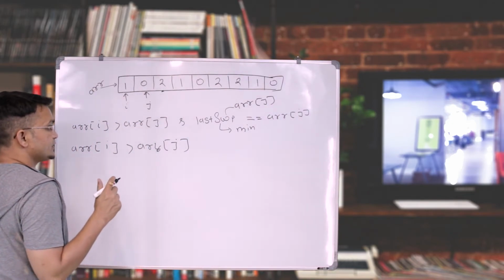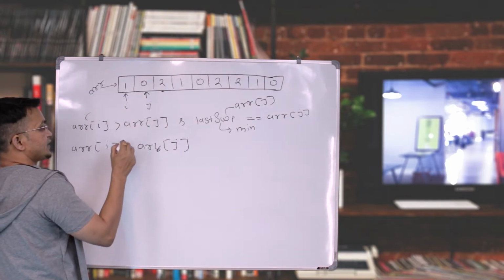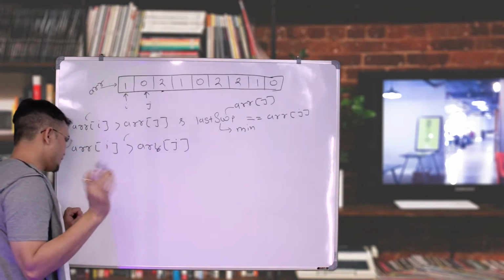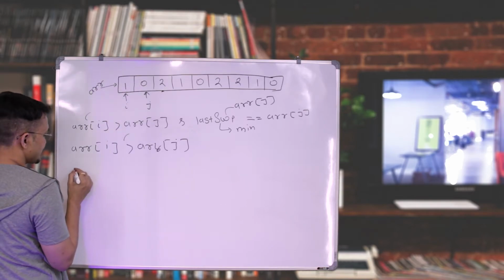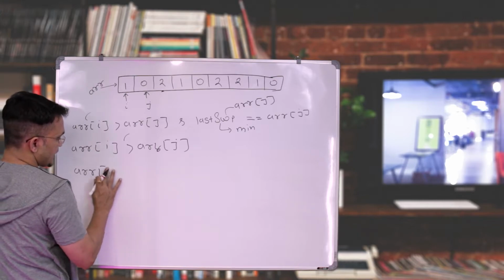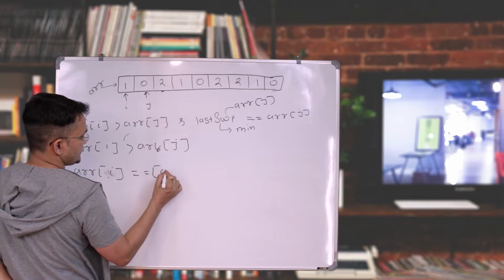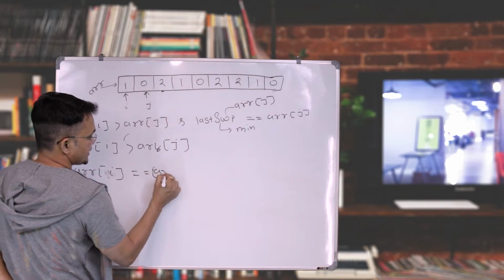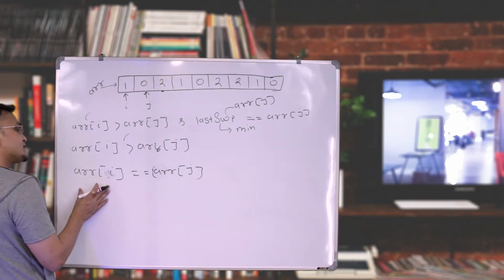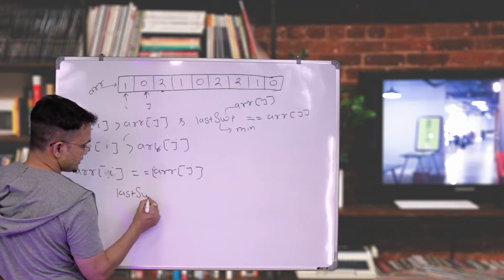Okay, so in every iteration, in this iteration and in this iteration also, we will keep on updating the last swapped value. Now next thing you need to take care: whenever ARR of i is equal to ARR of j, in this condition, we need to update only the last swapped value.